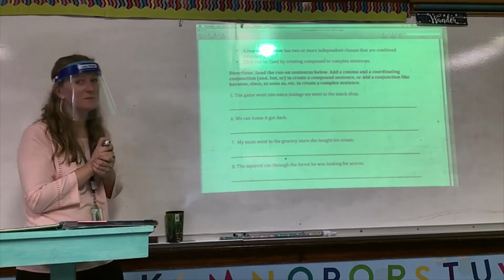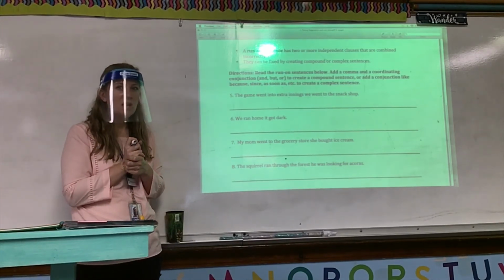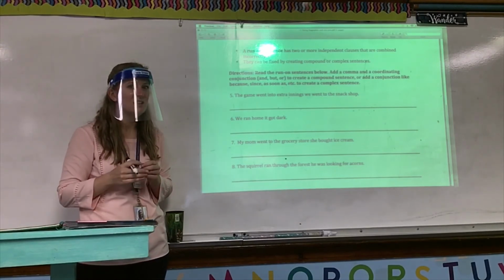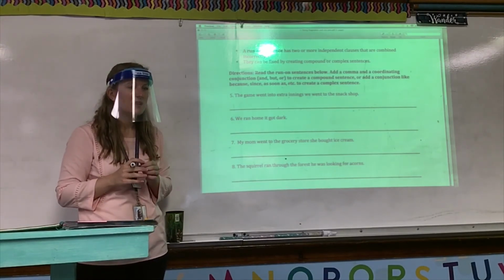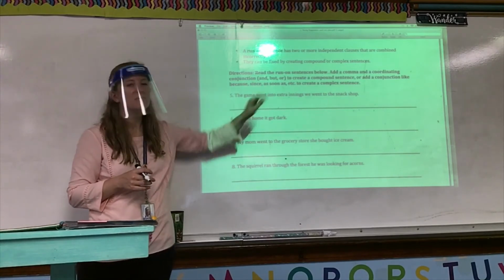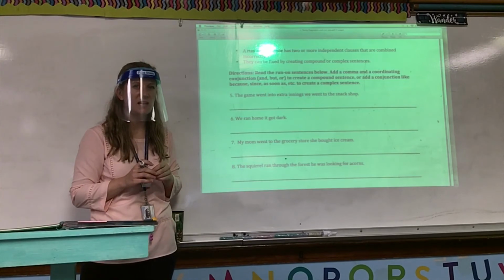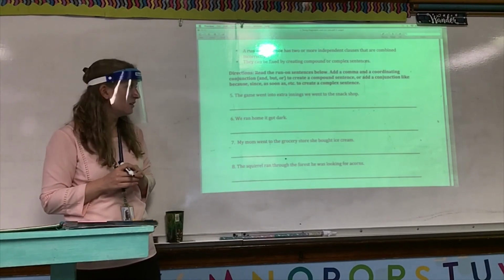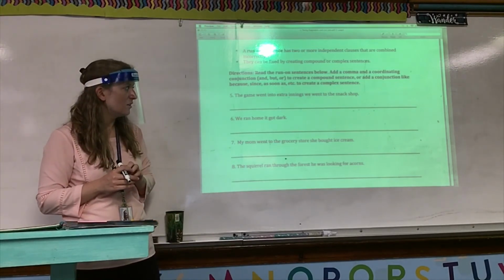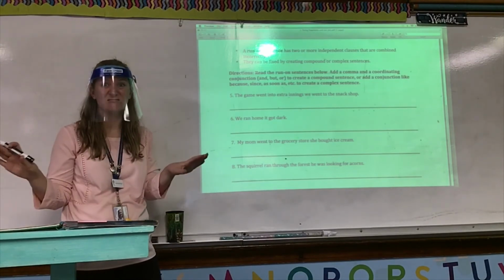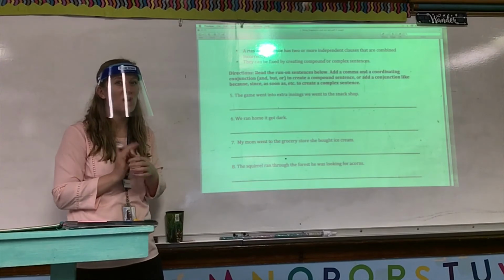There are some sentences that we may not be able to. Can you easily think of a word that can make this into a complex sentence? No. We could, but we'd have to put it first, which we're not going to do. So maybe we should do a compound sentence instead.